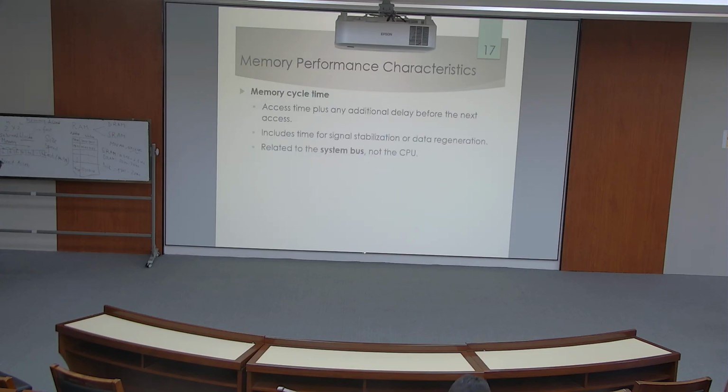For memory cycle time, this is another memory performance evaluation metric. That is the memory access time plus some additional delays before the next access. This includes, for example, delays linked with signal stabilization or data regeneration.